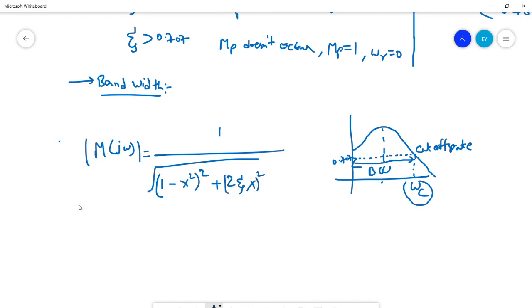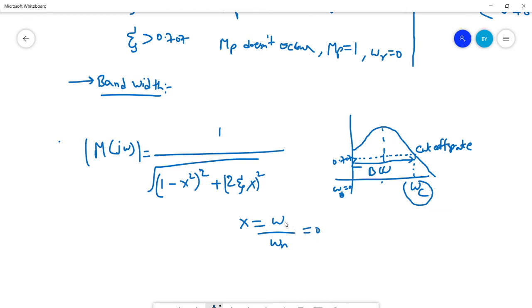Here omega will be 0. At omega equal to 0, you need to find the peak value. What is the amplitude you get when omega is equal to 0? As we know, x is equal to omega by omega n. This is equal to 0.